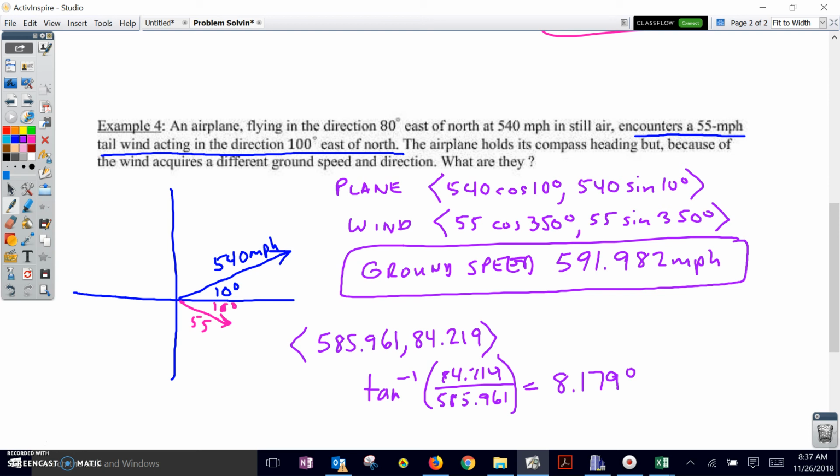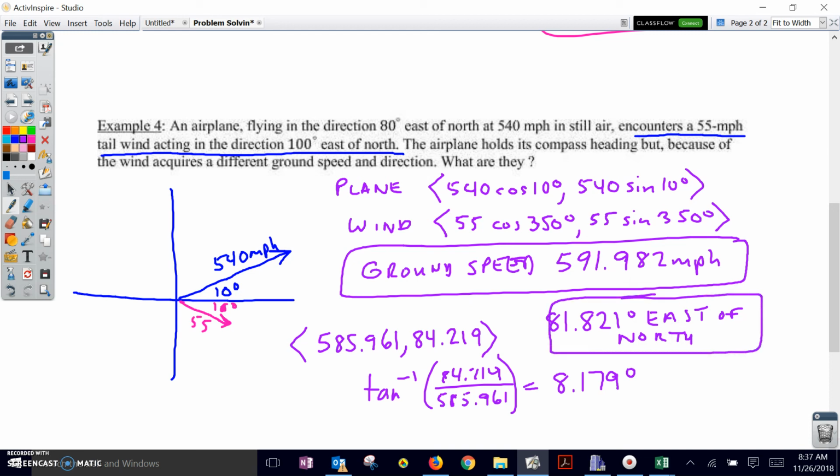An angle of 8.179 is going to be 81.821 degrees east of north. And there's the new ground speed and direction of the airplane in example 4.